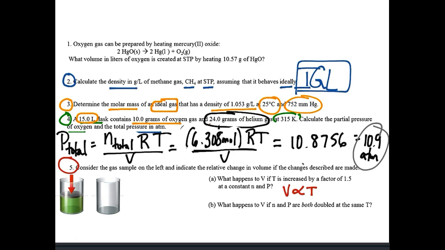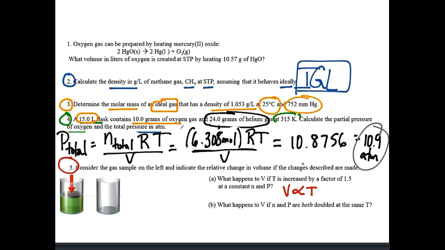Number 5, consider the gas sample on the left and indicate the relative change in volume if the changes described are made. So this is sort of a qualitative question, but you do need some numbers in here, but you're not given a value. You're just expected to answer how the other parameter will change. So what happens to the volume, V, if the temperature, T, is increased by a factor of 1.5?